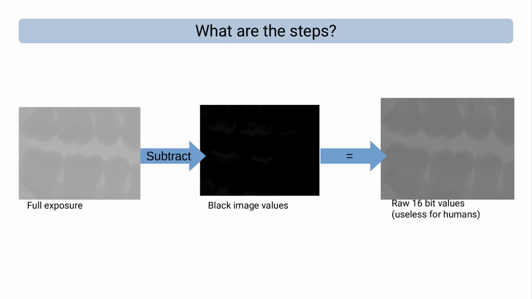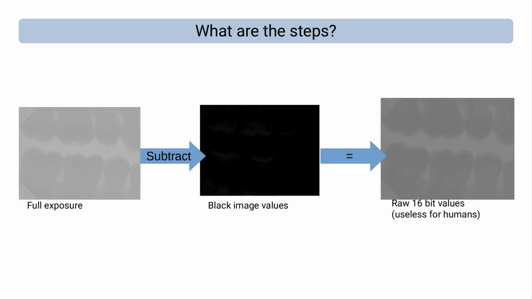Then you have the exposure image. That's the time you actually put the sensor into the patient's mouth, get that x ray gun, and shoot it at the patient's mouth to get the full exposure. So the idea is that you don't want to have that background radiation affecting your image. So pixel by pixel, you actually subtract the black image from the full exposure.